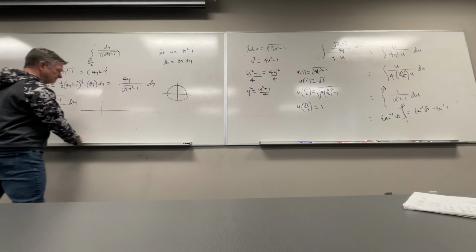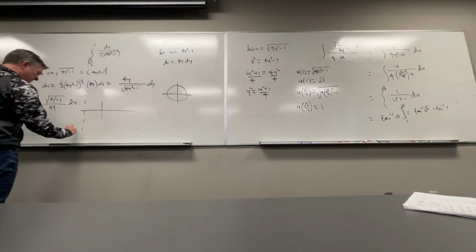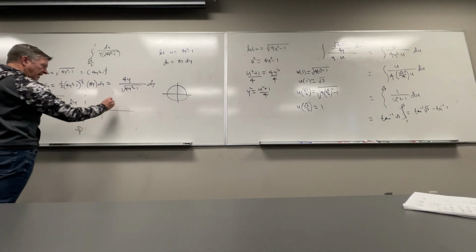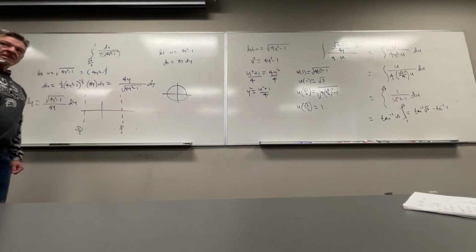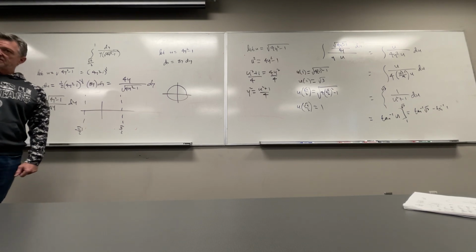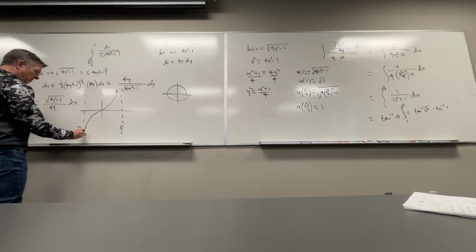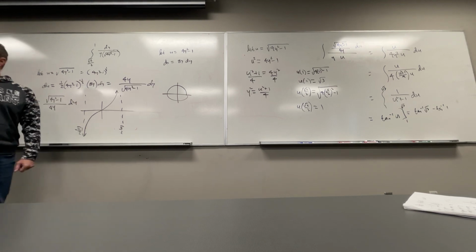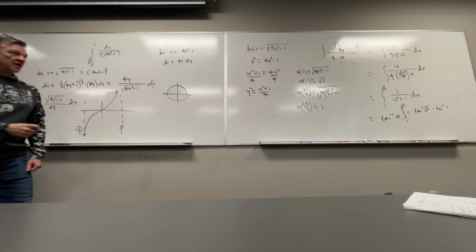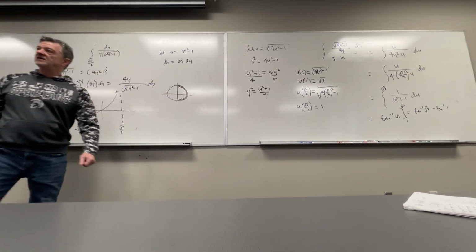Because tangent has asymptotes at minus pi over 2 and pi over 2. Now, the inverse tangent is only defined on the interval from minus pi over 2 to pi over 2 because inverse functions have to be 1 to 1, right? So we only take one cycle of the inverse tangent function. That just means that it's only defined on that interval right there.